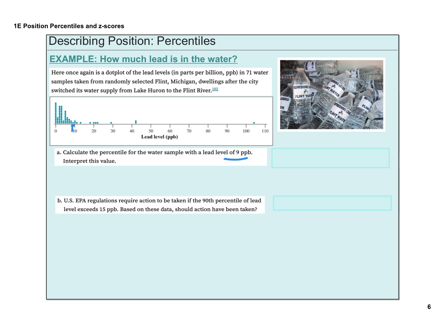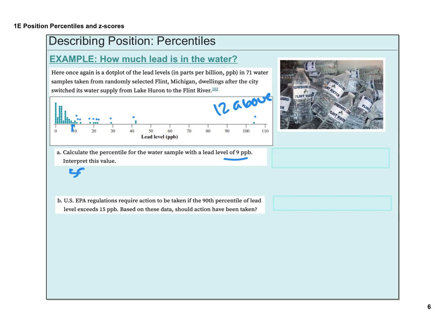But there's my 9. And again, sometimes it's easier to count what's above rather than count up to the 71. I've got a bulk of my data below that 9. So I'm going to count how many are above. So at 10 is 2. That'd be 3, 4, 5, 6, 7, 8, 9, 10, 11, 12. So 12 are above. And if I take 71 minus 12, that gives me 59. So I've got 59 at or below.